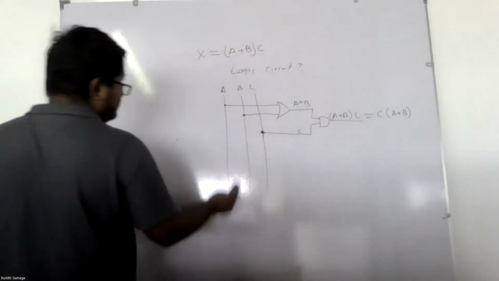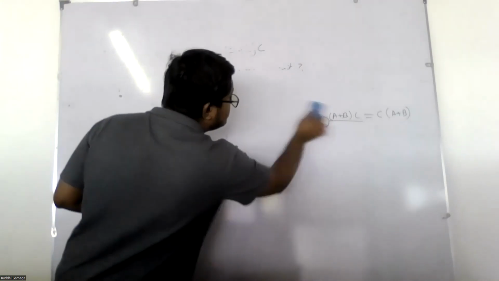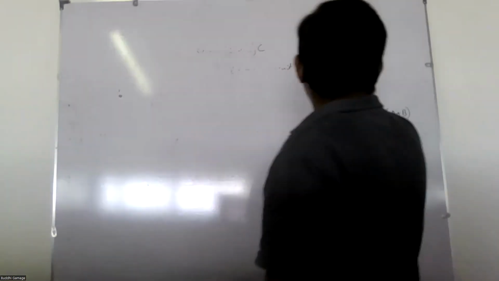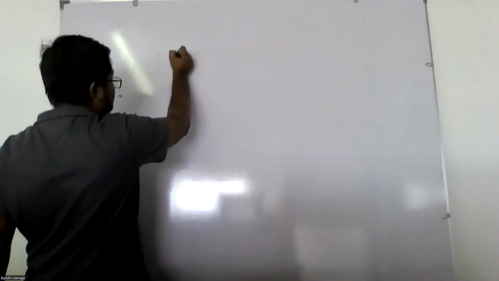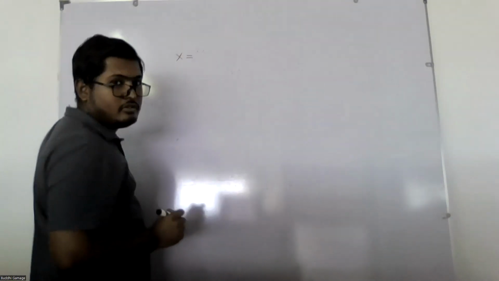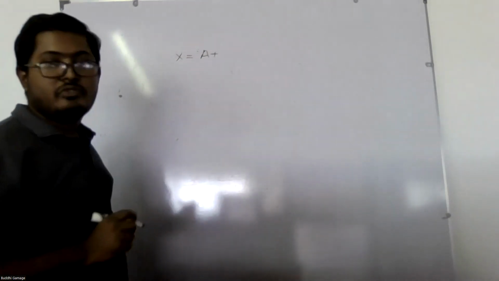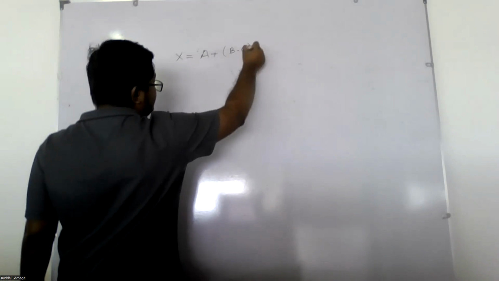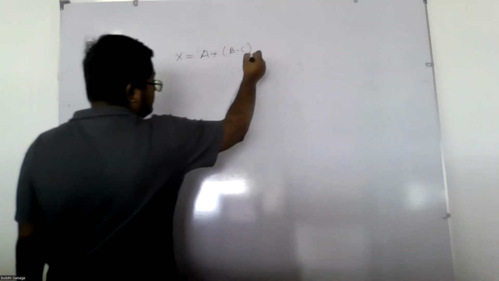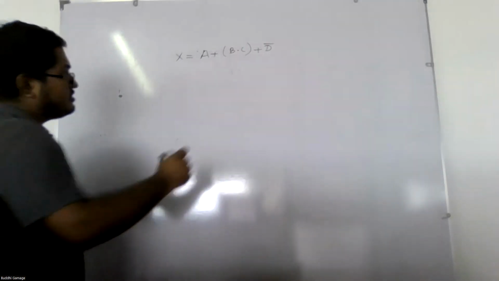So another task. B dot C, B and C. So what is the logic circuit?